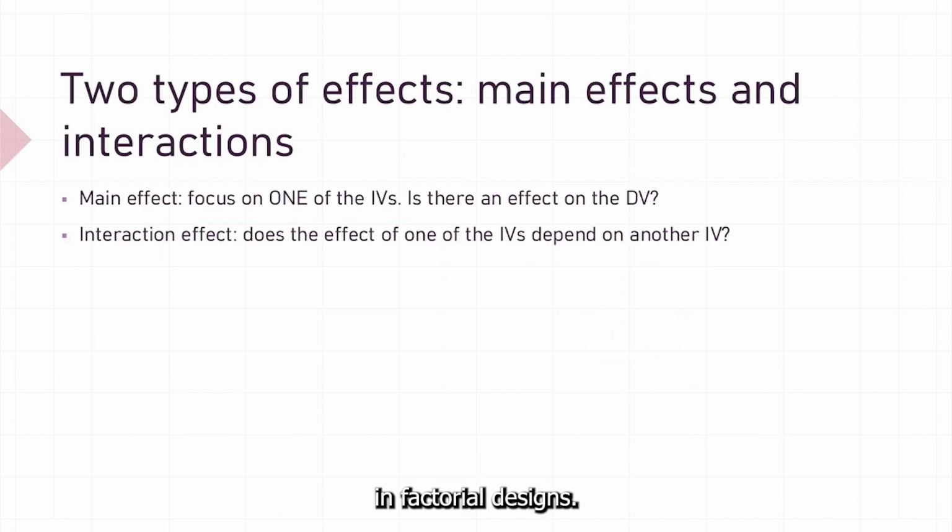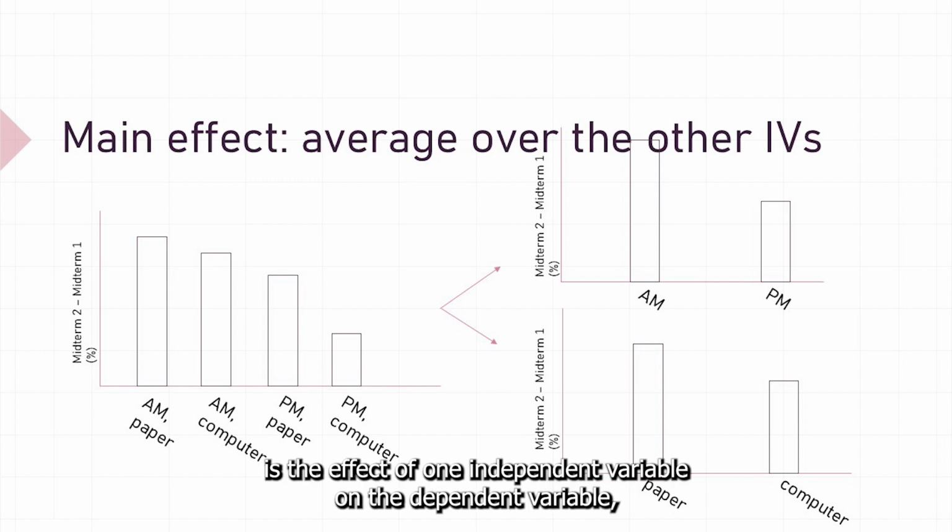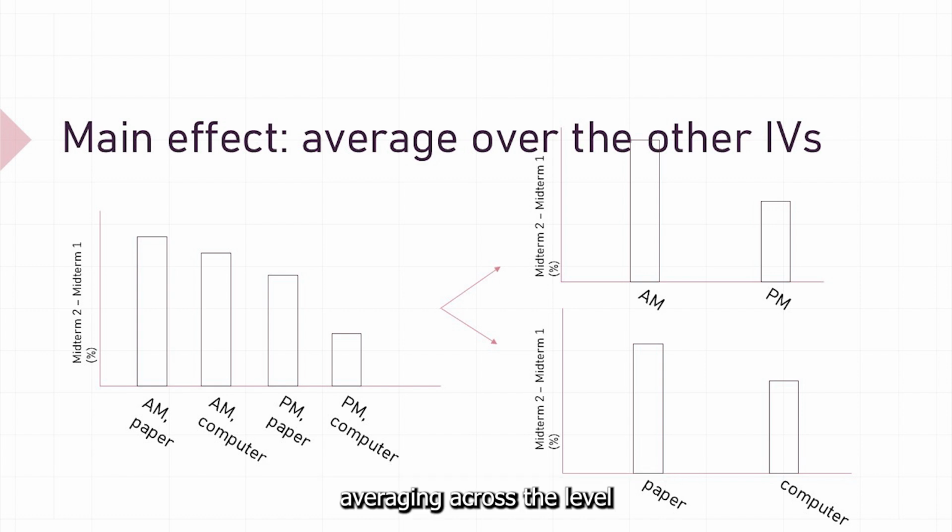In factorial designs, there are three kinds of results that are of interest: main effect, interaction effect, and simple effects. A main effect is the effect of one independent variable on the dependent variable, averaging across the levels of the other independent variable.